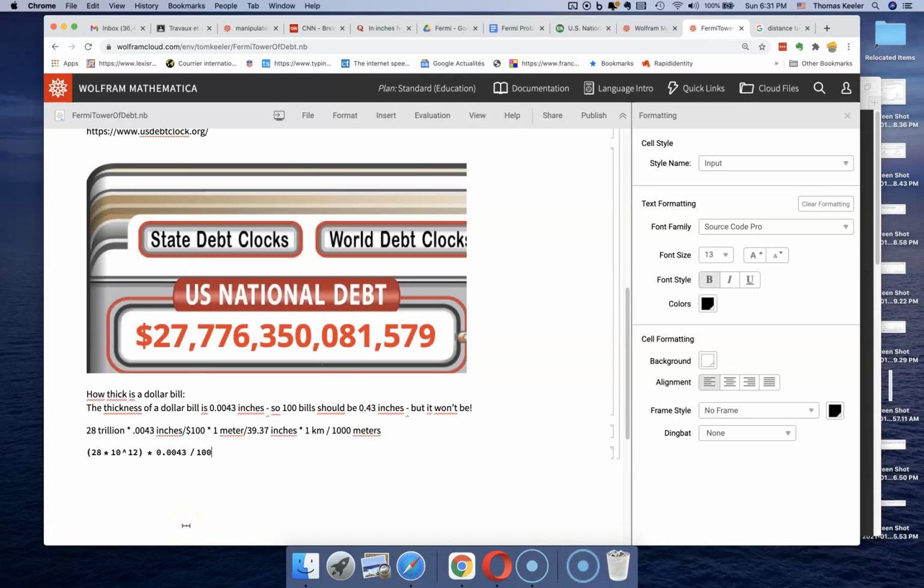Actually, we can just do this divided by 100, times this, and then times 1 divided by 39.37, if this works in Wolfram, times 1 divided by 1,000.